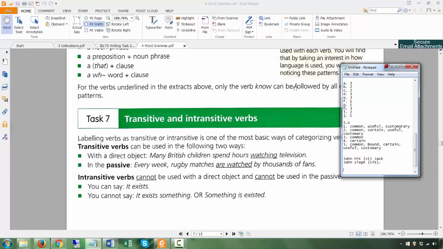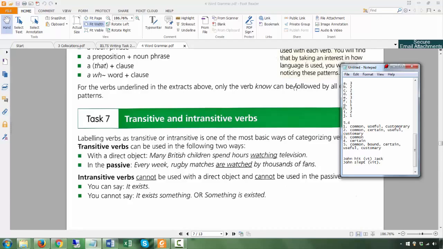Okay, now, a lot of times you will find that some verbs are always transitive, and some are always intransitive, because transitive or intransitive only relate to verbs. So some verbs are always transitive in all their meanings, whereas some verbs are always intransitive in all their meanings.